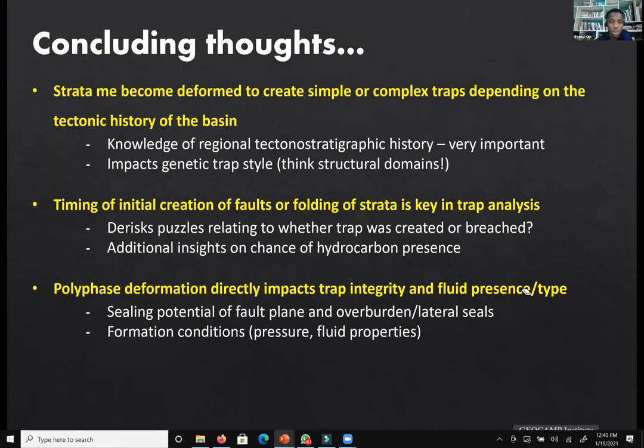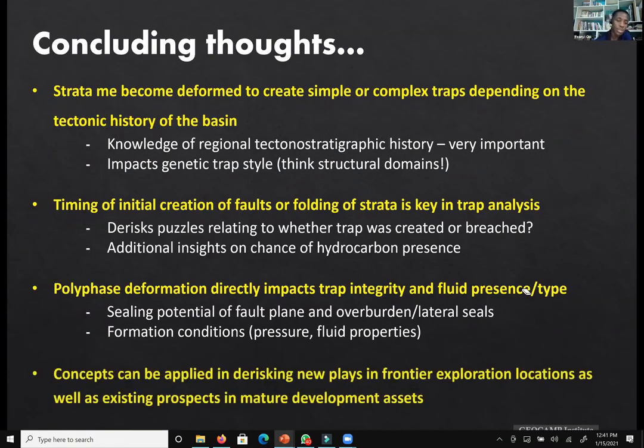So that's one very important message. The sealing potential of fault planes and of overlying seals is also key in all of this. And through time, as deformation continues, the formation conditions change. The fluid properties, because of temperature rise and changes in the heating component of that basin, all have direct impacts on whether we'll find a working system or not.